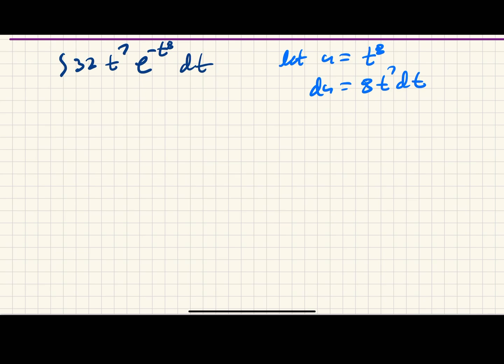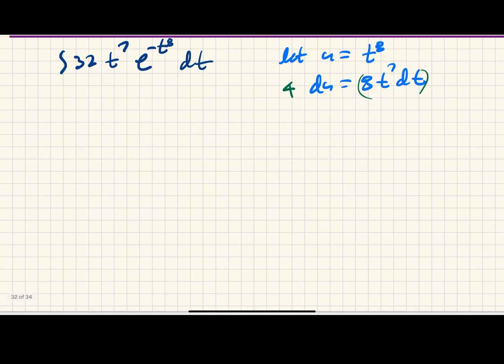So let's see. Yeah, that worked out pretty good, except for that 32 there, right? So I'll just multiply both sides by 4. I'll have 4 over here and 4 over here, and I'll have 4 du equal to 32 t to the 7th dt, which I have.